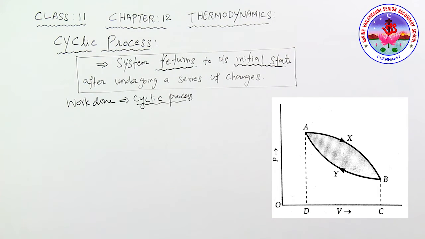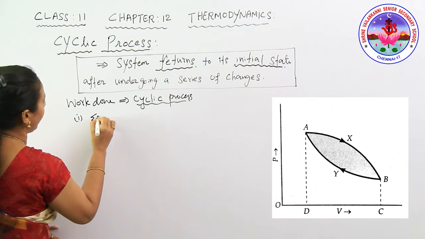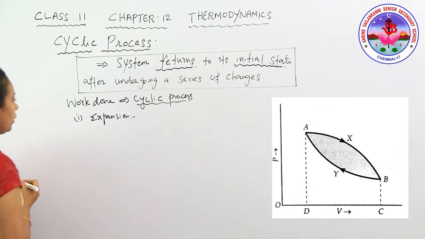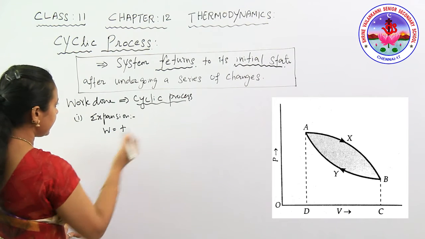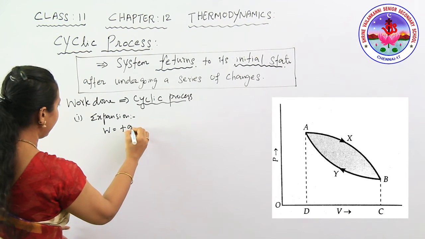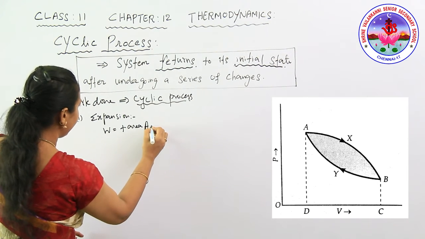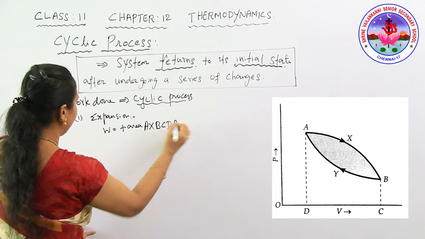Now the work done during the expansion, the first state we have taken for the expansion. The work done W is equal to plus, look at the diagram, we can take the area of AX and BCDA.